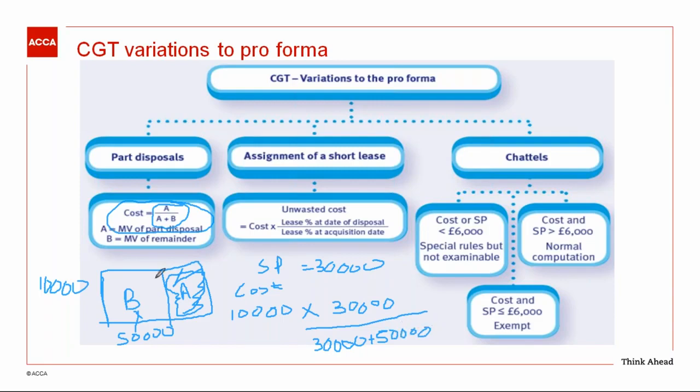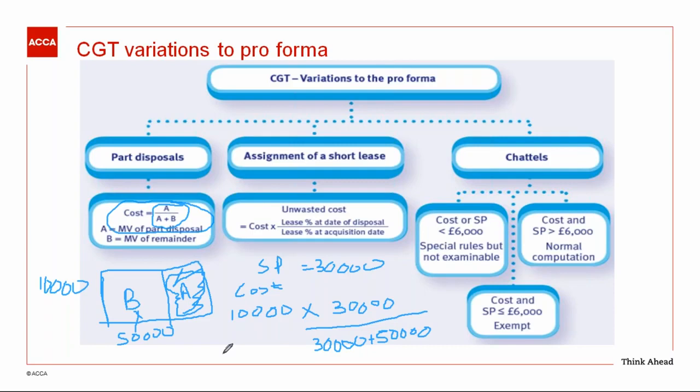So this is how you split the cost between A and B. So 10,000 into 30,000 divided by 30,000 plus 50,000. So here you can get the answer. How much is the cost now?